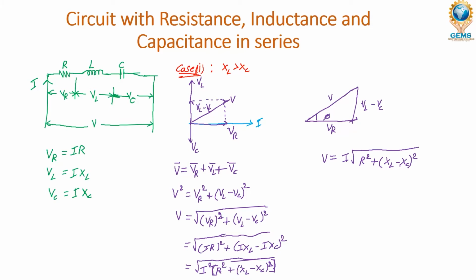If you see the I value, I equals V by square root of R square plus (XL minus XC) whole square.